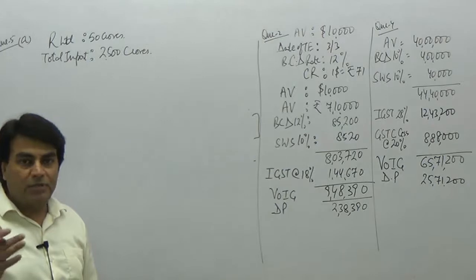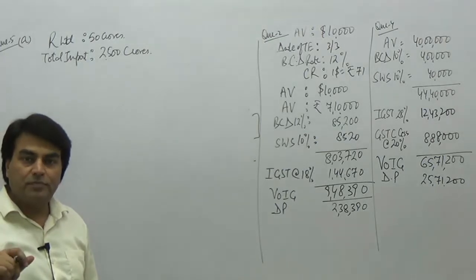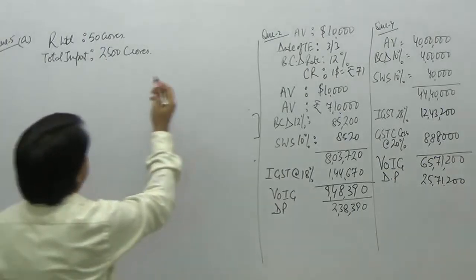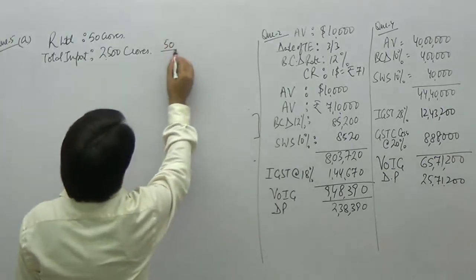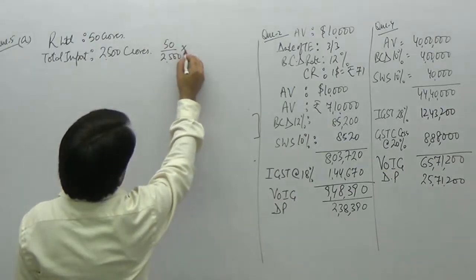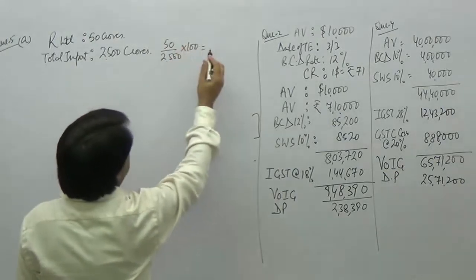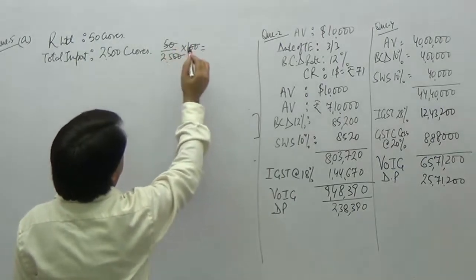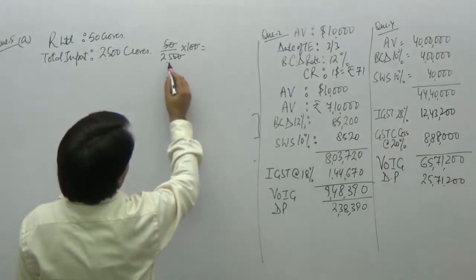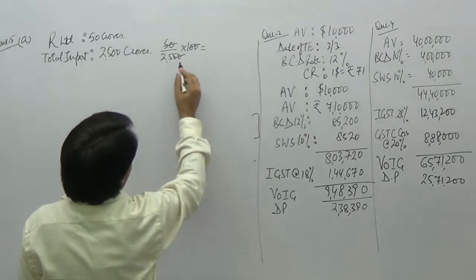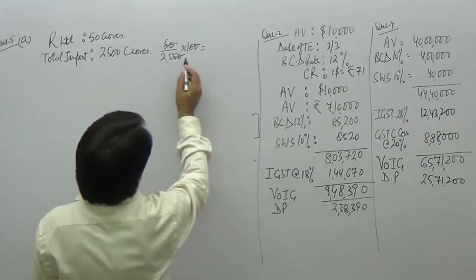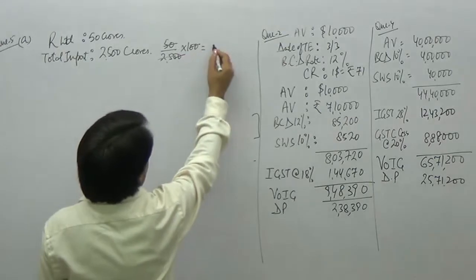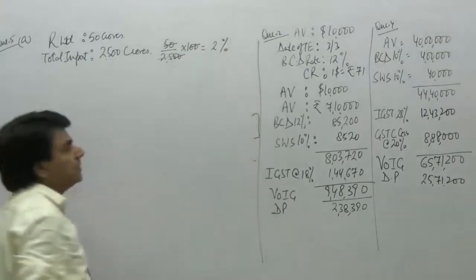Now please check whether 50 crores is more than 3% of 2500. How are we going to check it? Very simple. 50 divided by 2500 multiplied by 100. So 50 comes to half, so this is 2%.